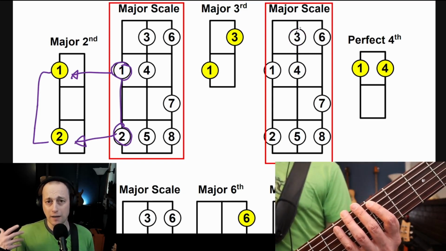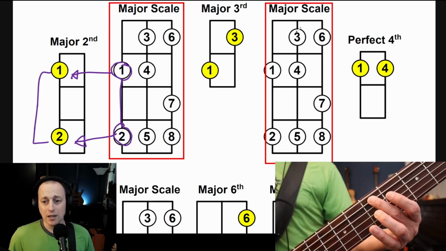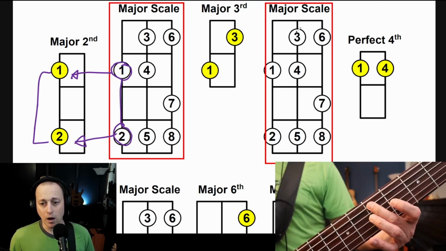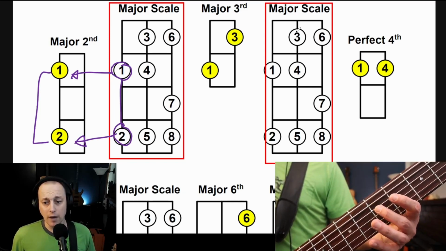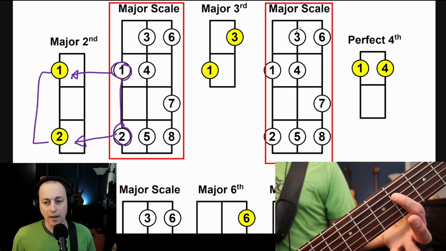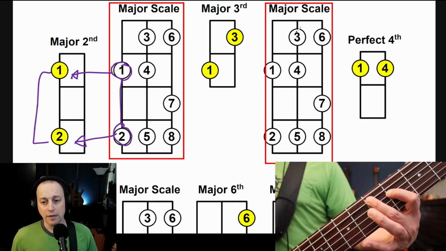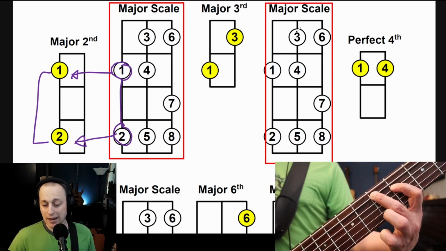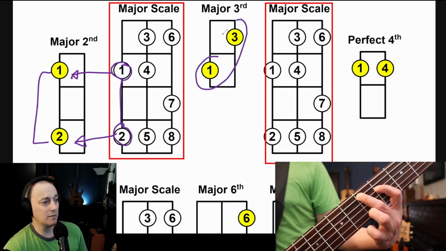You can think about this pattern any way you want to, but the fact remains, if I'm on this note, any note on any string, in this case A, I'm going to move up by 1 string and then back by 1 fret. That is a third. And you can see how my fingers are making the same pattern as my major third there. It's exactly the same thing.